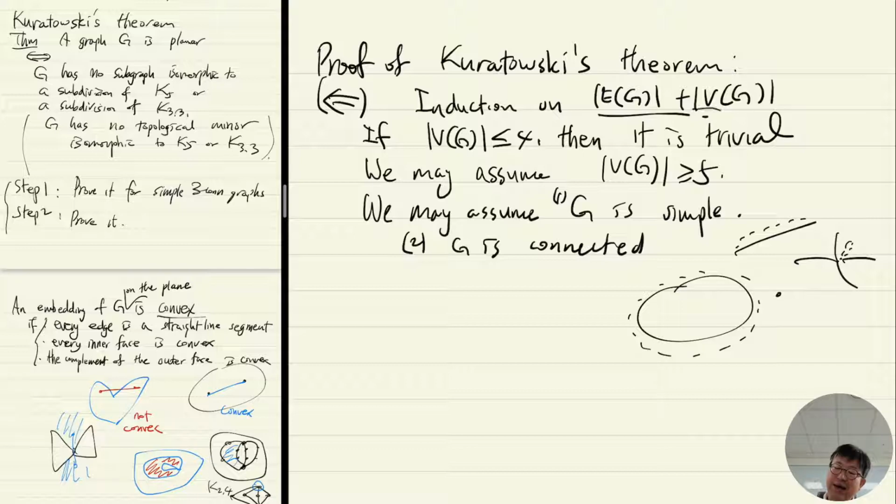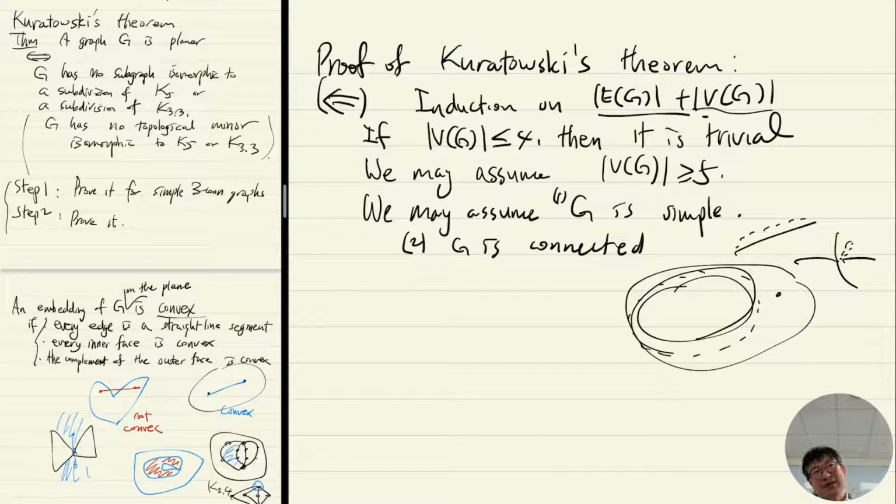By adding the number of vertices as a parameter, I know for sure that this will be smaller than the original graph. So if the graph is not connected, apply the induction hypothesis to every component, and we get a planar embedding of each component, and just draw them separately.